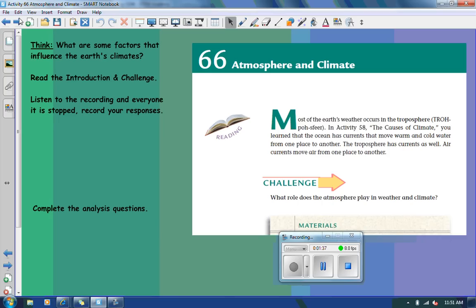The first section is called Earth's atmosphere. The atmosphere is a layer of gases that surrounds the Earth. The main gases are nitrogen, 78%, and oxygen, 21%, with the remaining 1% made up of other gases including carbon dioxide, water vapor, and argon. Atmospheric scientists divide the atmosphere into 5 layers based on temperature differences.